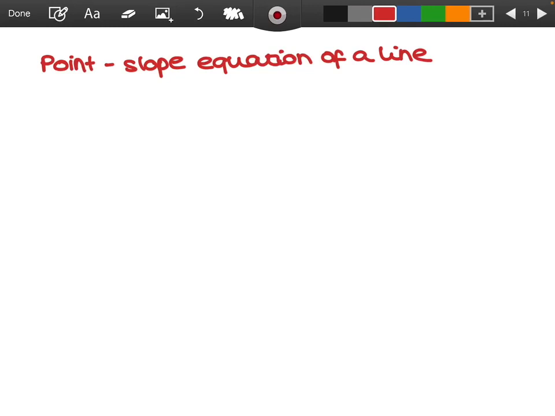So that's when we use this, and then we can always rearrange it to be in one of the other forms of the line, but this is always a great starting point if you are given the slope and one particular point on that line.